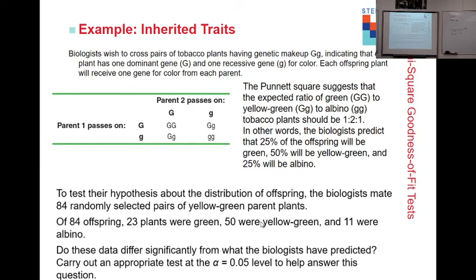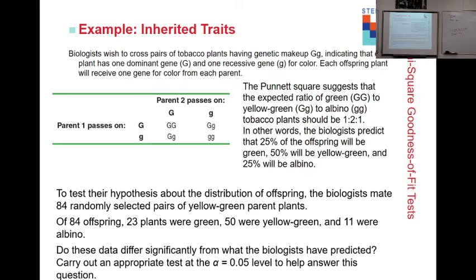Now here's our sample where we have 84 offspring. 23 of the plants were green, 50 were yellow-green, and 11 were albino. So I'm going to go ahead and put that in list 1. Clearing out my lists. Now in list 1, I'm going to put those different values here.